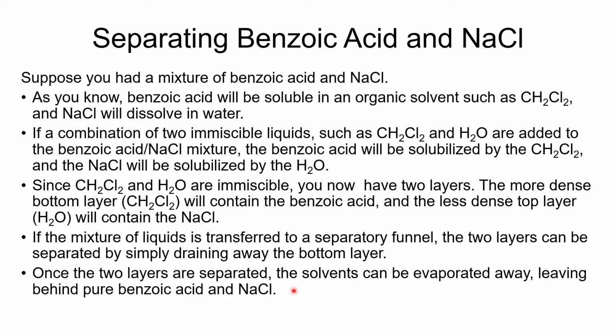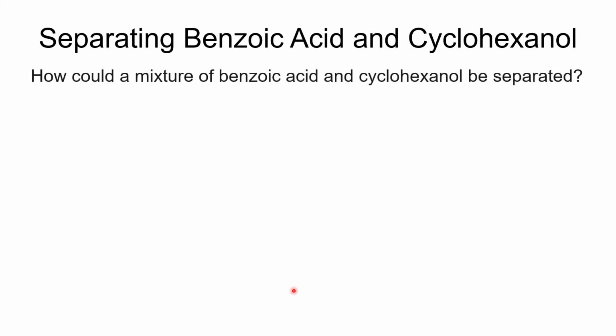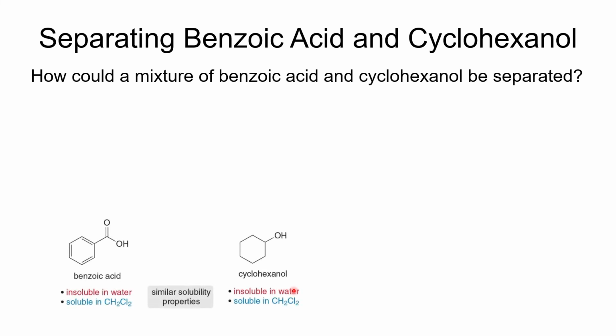So now we want to look at separating benzoic acid from cyclohexanol. Well, cyclohexanol is soluble in dichloromethane as well. If we put both of these into dichloromethane, we're going to find that they are both soluble in dichloromethane and that they are both insoluble in water.